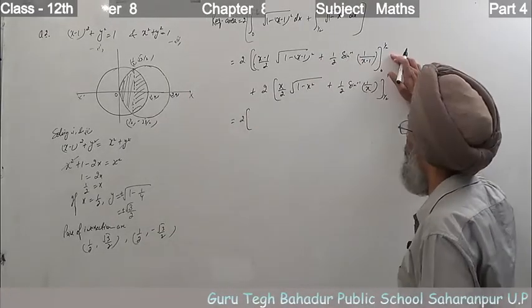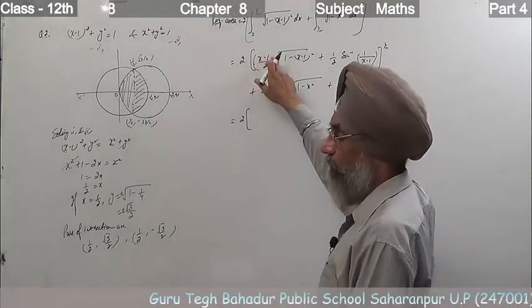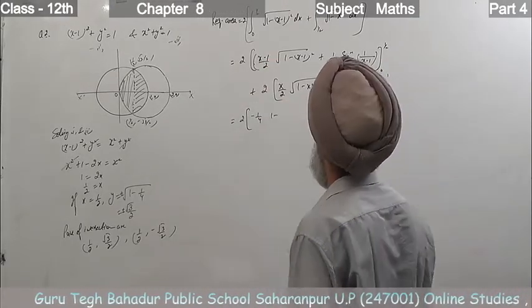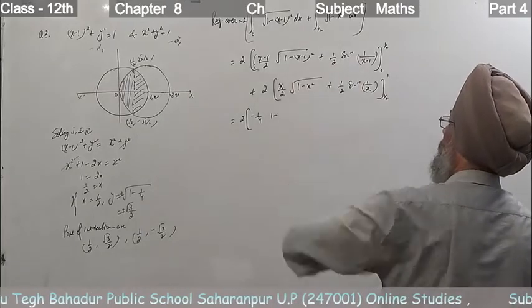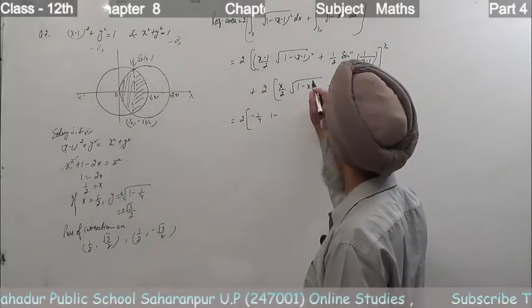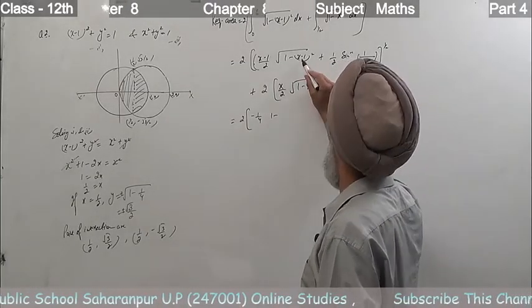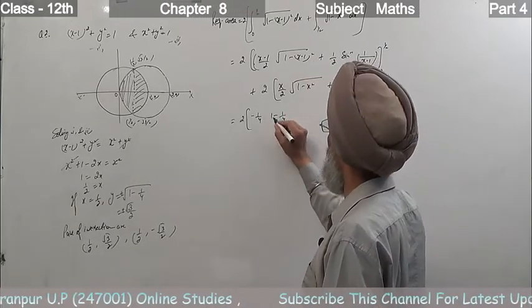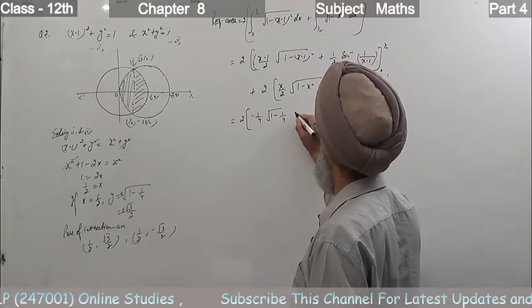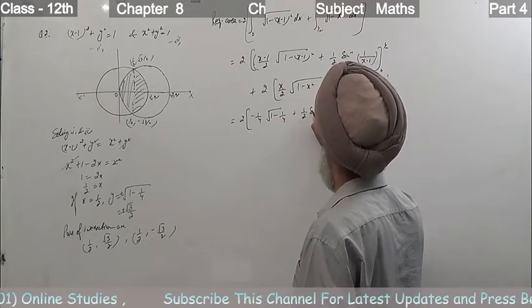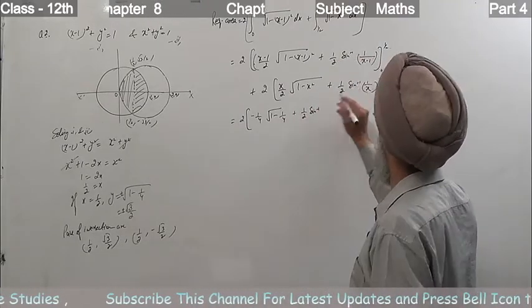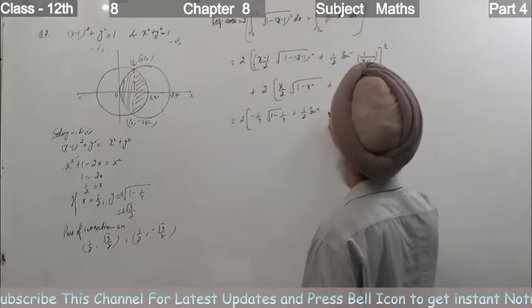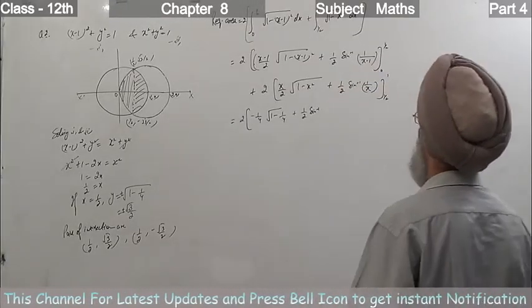If you place half here, half minus 1 is minus half, 1 minus 1 upon 4, the square root, plus half sine inverse, half minus 1 is minus half, half sine inverse.